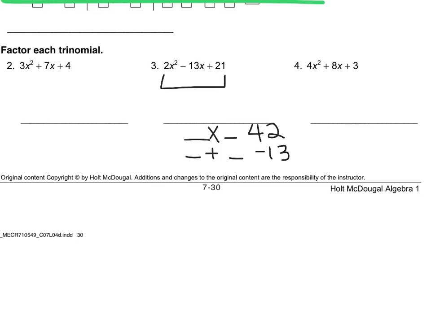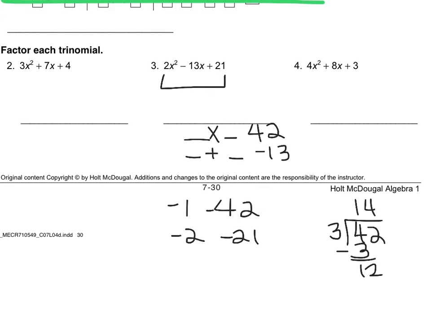And again, I can start my organized list. 1 times 42. And notice that last term is positive. So I need to have same signs, and the sign that both terms will have are going to be negative, negative. So then negative 2 times negative 21. 3 will also go in here. Let's check it out how many times.